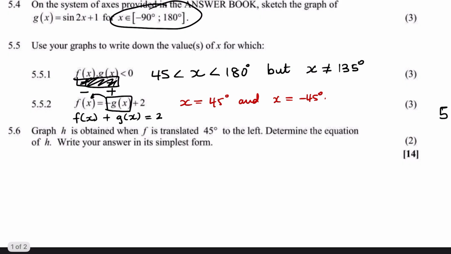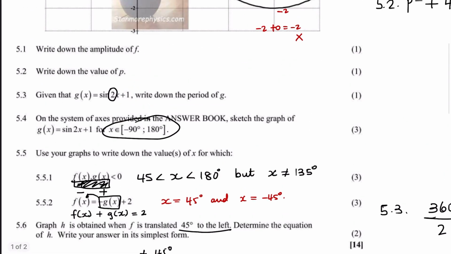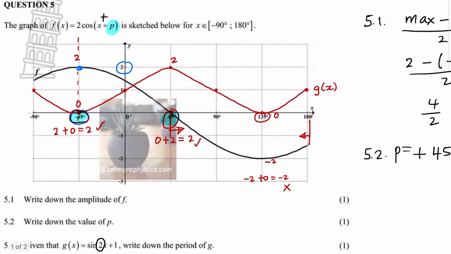Now question 5.6. Graph H is obtained when f is translated 45 degrees to the left. So if the graph is moved 45 degrees to the left, you are going to add 45. Remember, just like how we saw that the cos graph was shifted to the left, and so we had a positive p-value.